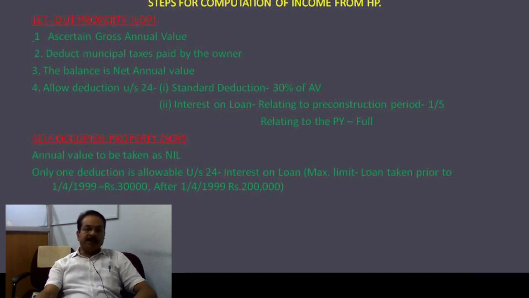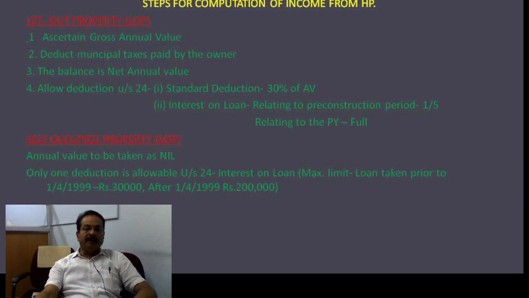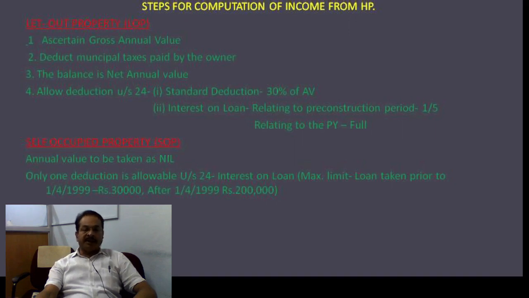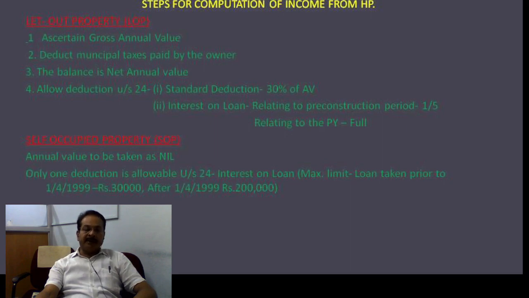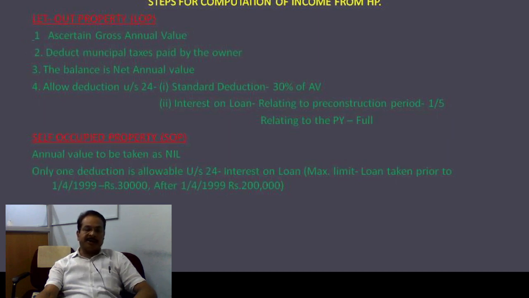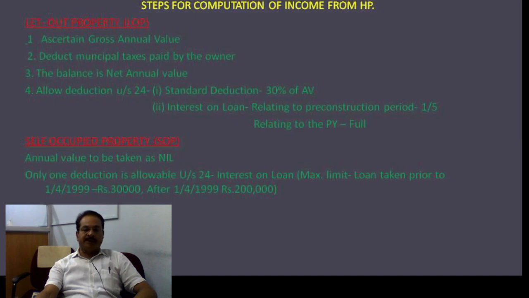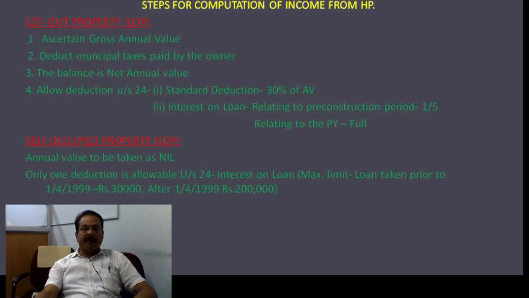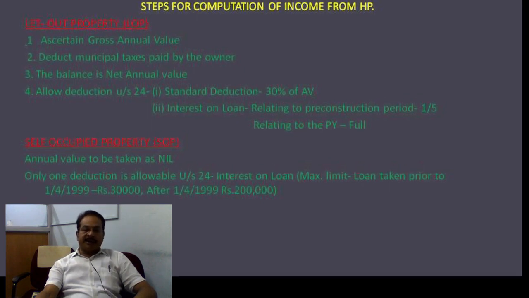That means standard deduction is not allowed in respect of self-occupied house property. Only interest on loan paid is deductible. Again, which interest? Interest on loan taken for purchase, construction, reconstruction, renovation, repairs, etc. is allowed as deduction.